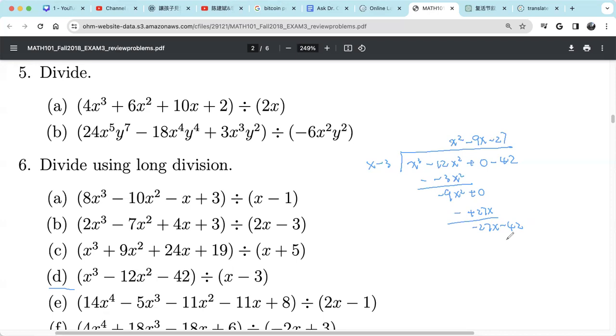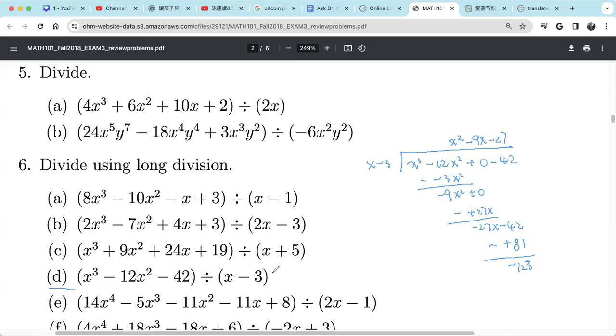Negative 3 times negative 27 becomes positive 81, isn't it? Yes, 81. Then negative 42 minus 81 becomes negative 123.